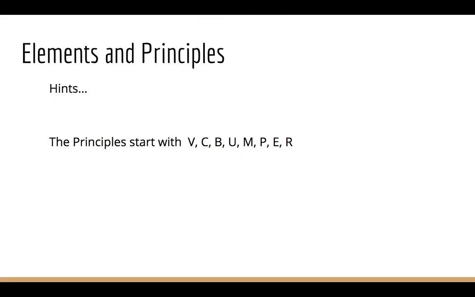All right, so now let's talk about some principles. The principles are a little bit harder to think about than the elements. They are V, C, B, U, M, P, E, R. Do you know what any of those might be?